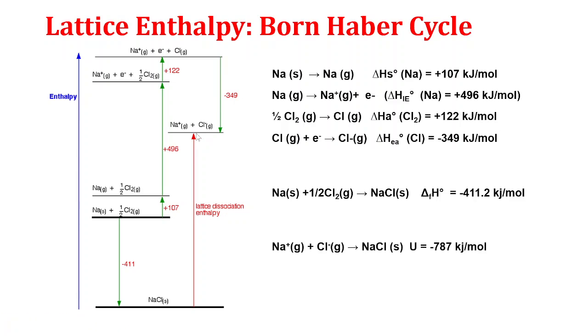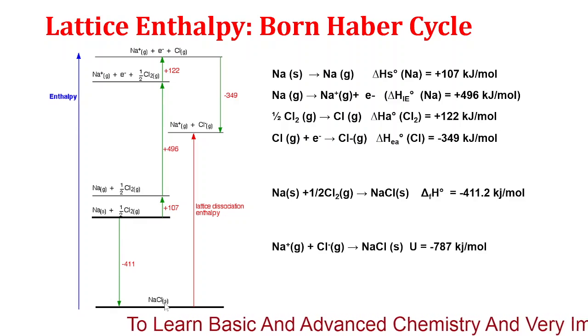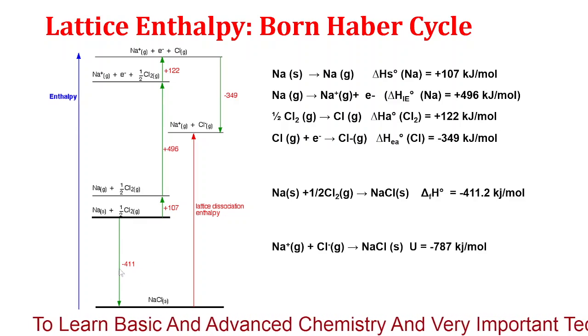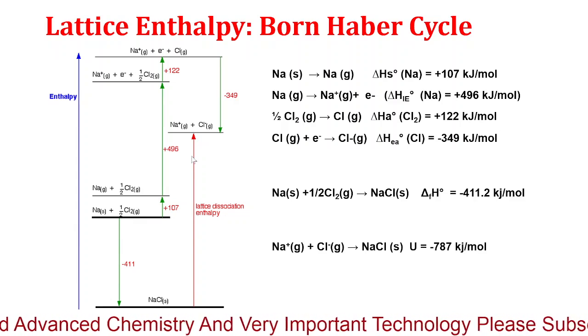So what you will have? You will have this energy value, another one: magnesium solid plus Cl2 will convert into magnesium chloride solid. This is another value. So that is our lattice enthalpy for magnesium chloride.